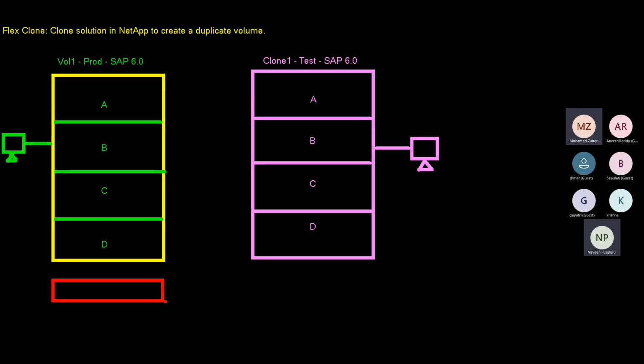It might have been created a few minutes back or a few hours back. Only the data on the volume at the time that snapshot was created will be copied to the clone. Whatever data the client copied after the snapshot creation will not be copied to the clone, which means you will not have the latest data. That is one thing.